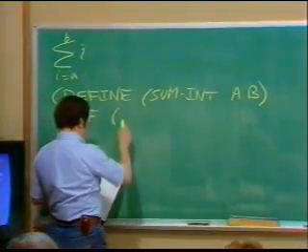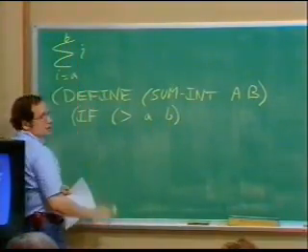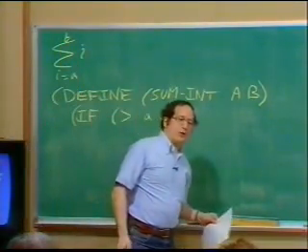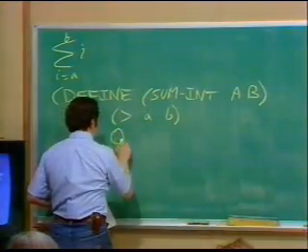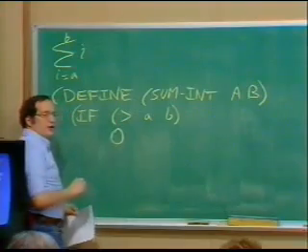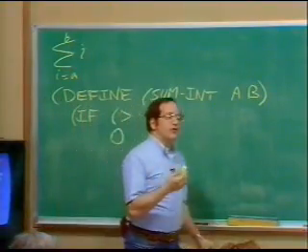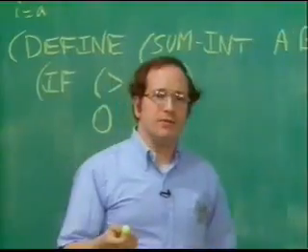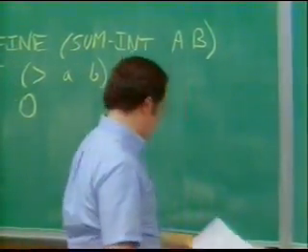If A is greater than B, well, then there's nothing to be done and the answer is 0. Okay, and this is how you're going to have to think recursively. You say, if I have an easy case that I know the answer to, just write it down. Otherwise, I'm going to try to reduce this problem to a simpler problem, and maybe in this case I'm going to make a sub-problem of the simpler problem and then do something to the result.